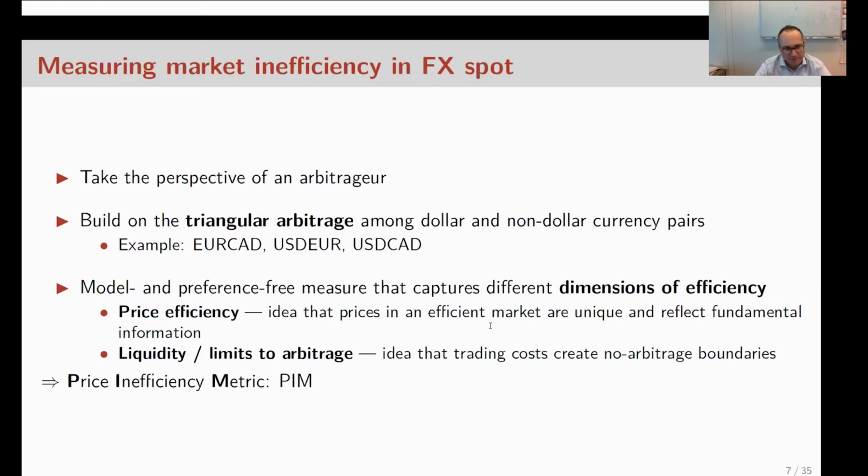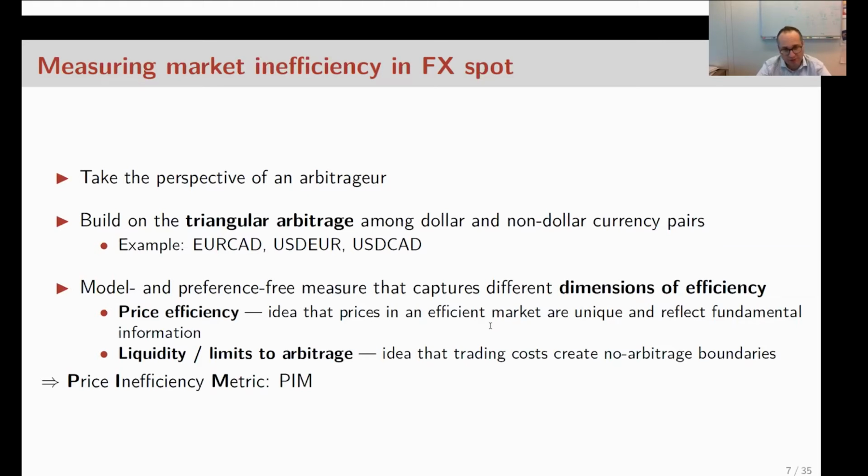And the measure that we derive captures two important dimensions of efficiency. The first is the efficiency when it comes to prices. The idea is that in an efficient market, the price should be unique and reflect fundamental information, such that prices can perform their important allocative function properly in the market and also beyond in the economy.